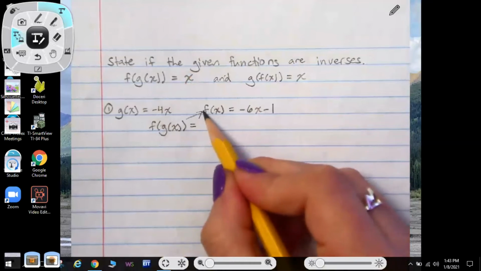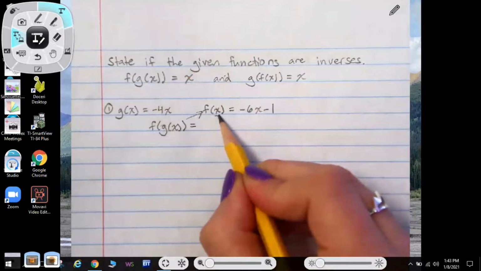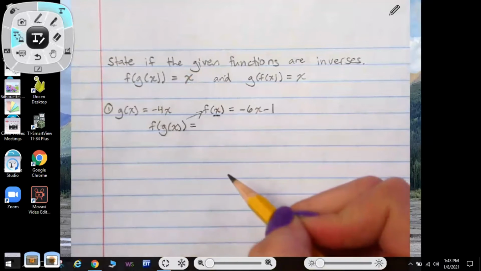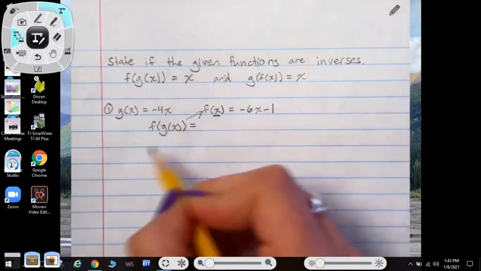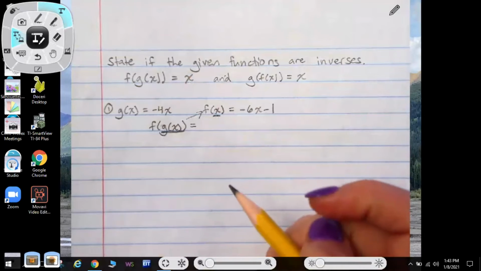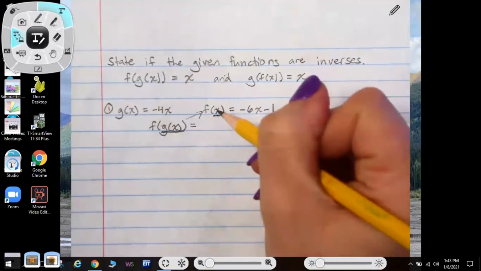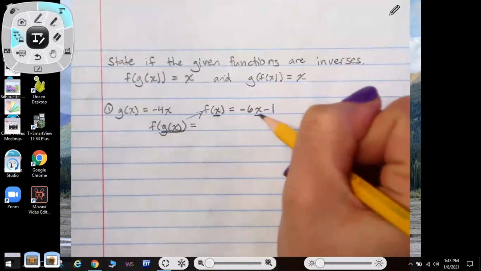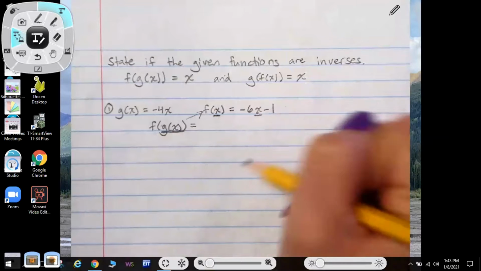What's different about these two things is that f of x just has an x inside, where this has g of x inside. So what happens is anywhere there's an x in f of x, we're replacing that with g of x.